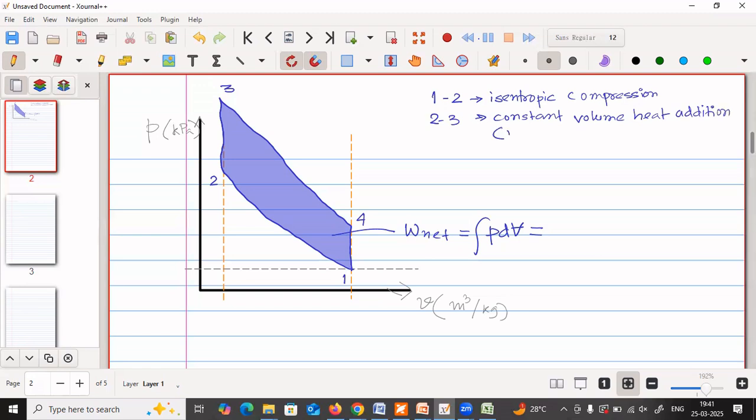Constant volume means isochoric. Next, 3 to 4, again an isentropic process, expansion. And 4 to 1 is constant volume heat rejection. That part we have already seen.